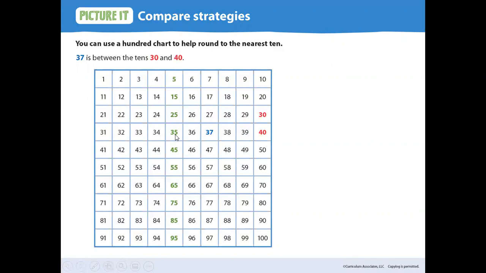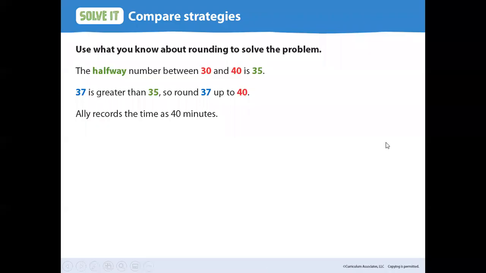The position of 35 helps us round 37 because 37 is closer to 40 than it is to 30. As we saw in the chart, we know that the halfway number between 30 and 40 is 35. 37 is greater than 35, so round 37 up to 40. Allie records the time as 40 minutes.